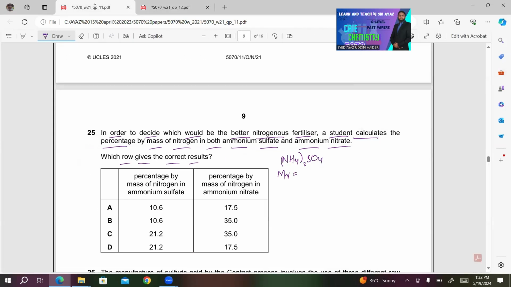For your convenience, I am writing on the left hand side: nitrogen 14, sulfur 32, oxygen 16. We have 2 atoms of nitrogen, so 2 multiplied by 14.